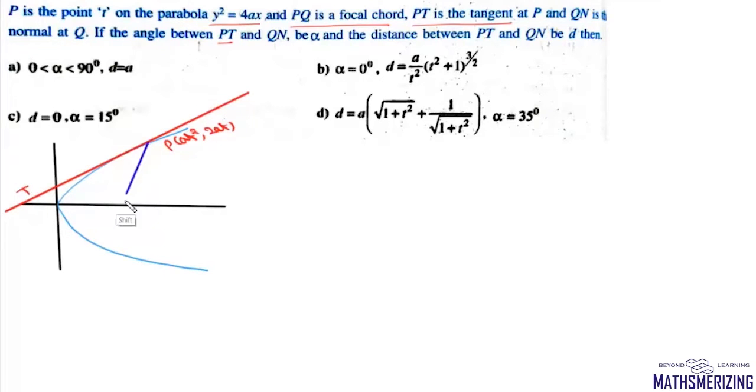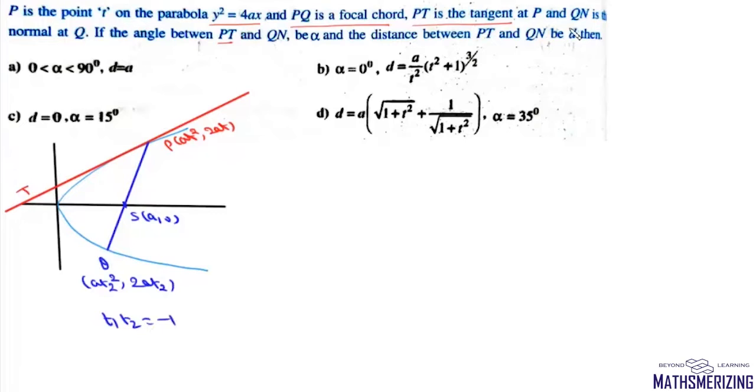So we have this PQ and it's a focal chord. So it passes through a comma 0 and Q is at2 square, 2at2, and since PQ is focal chord, we know that t1 into t2 is equal to minus 1.